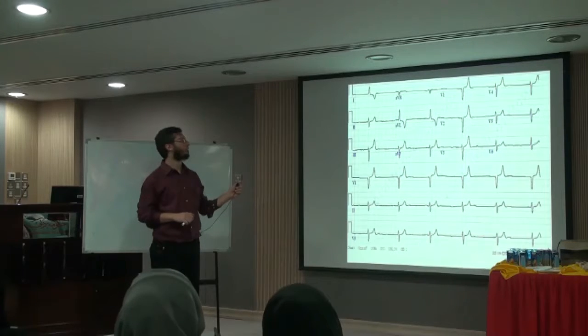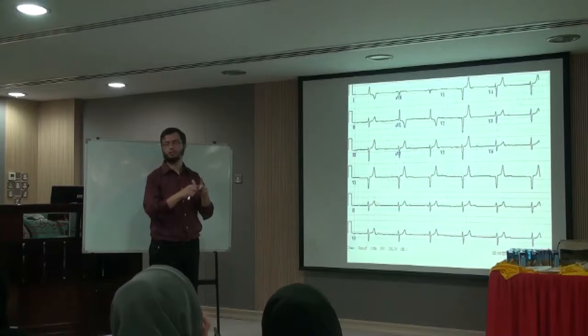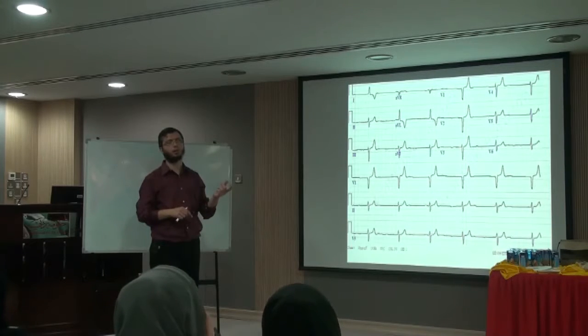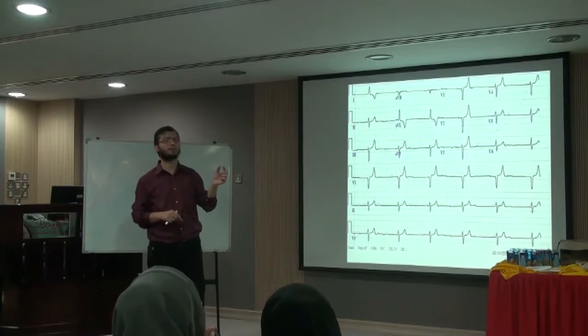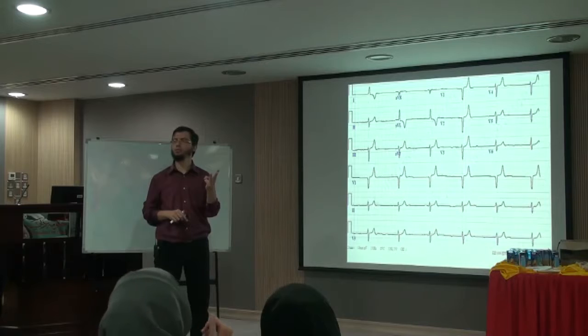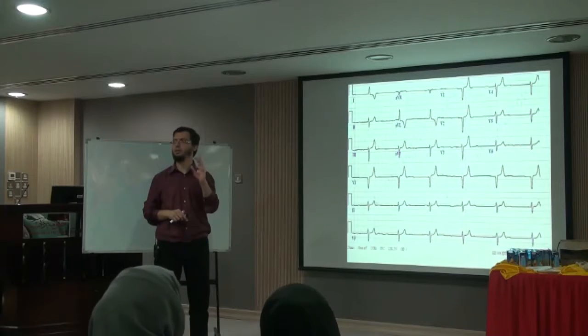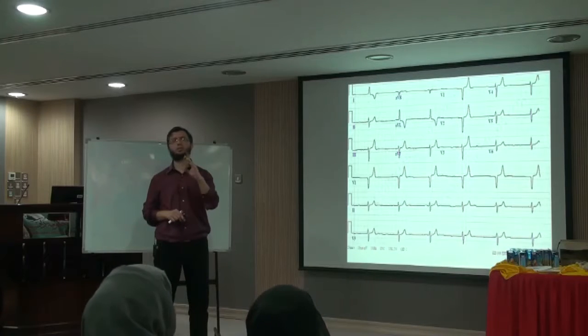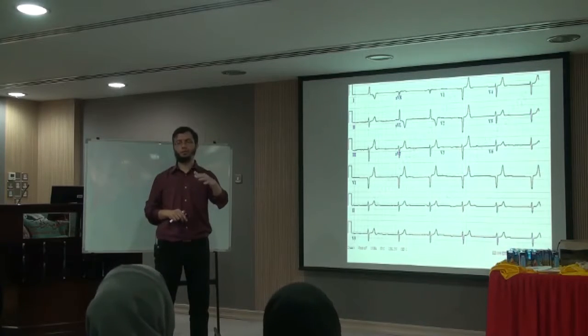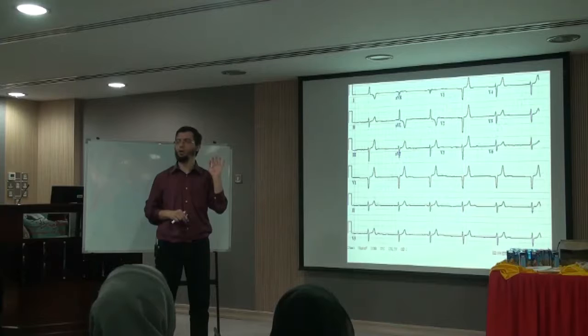But actually the complex here is on the wideish side. We decide about wide with 2 points. One is if the complex is clearly more than 3 small squares; the normal QRS complex is less than 3. So if it is 3 or beyond, this is a wide complex.